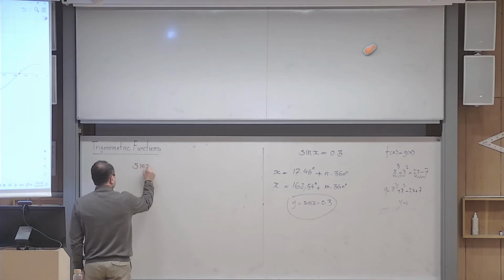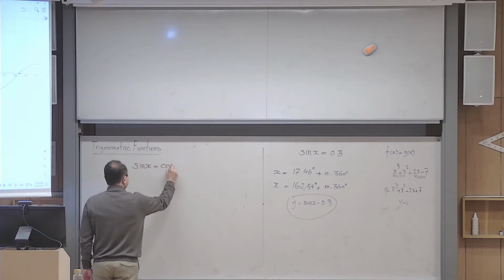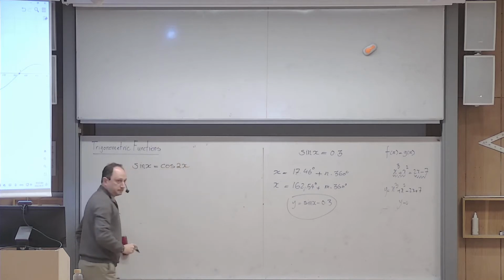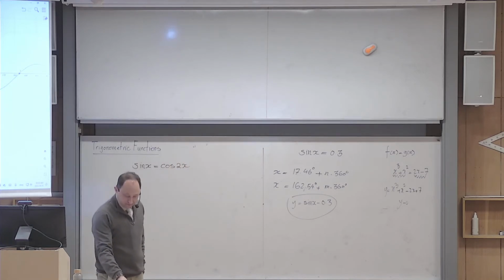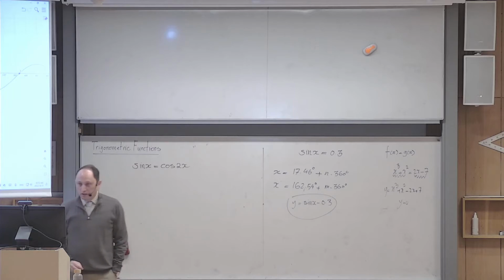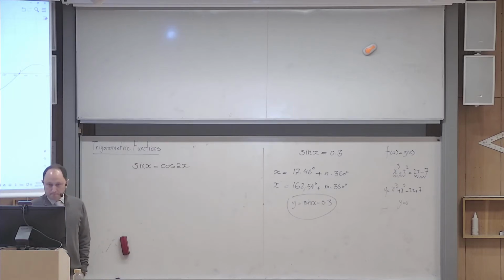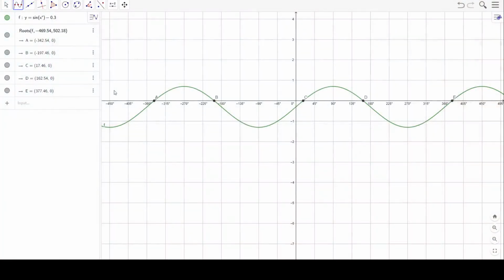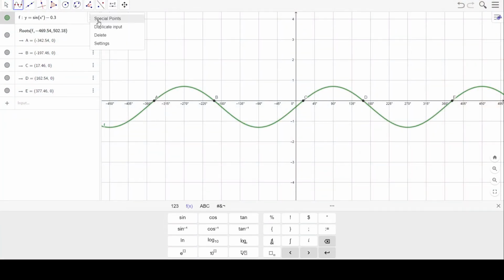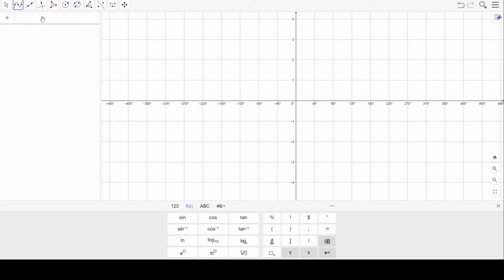So sine x equals cosine 2x. Yes. Should we do it right away in GeoGebra? Maybe that's a better idea. So let me just get rid of all things we have. Delete and then, okay, so we can follow both the strategies, yes?